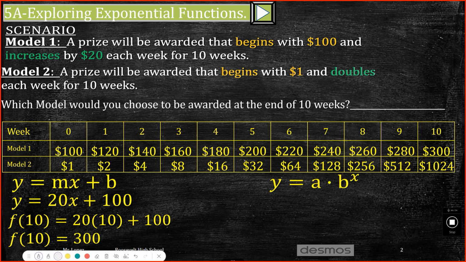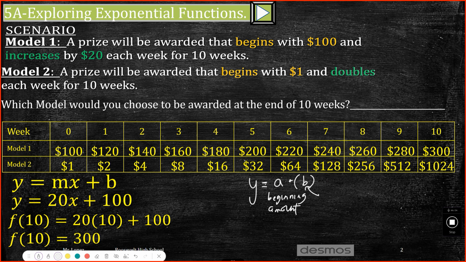Model 2 is exponential, and the way it works is like this: y equals a times b to the power of x. A is the beginning amount, the initial amount. And B is what you are doing to that initial amount.